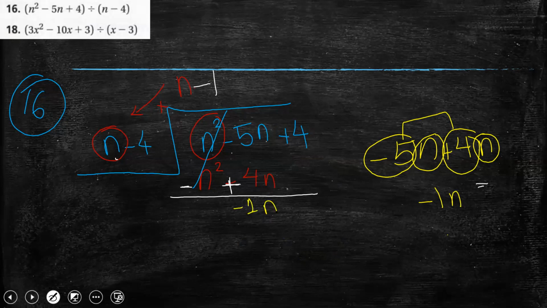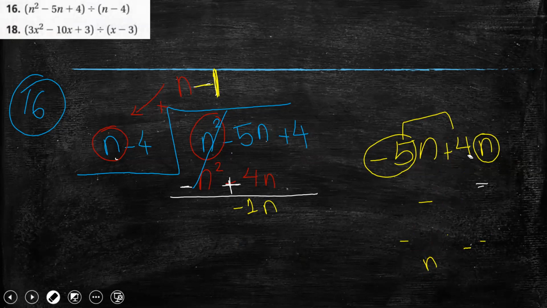Then what do we have to do? We have to divide -1n over n. What's the answer? -1. So I wrote -1 here. So I divide it again by n.